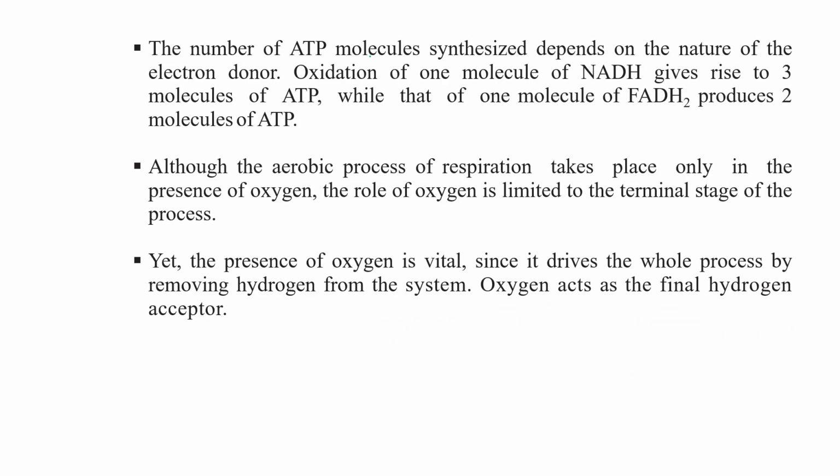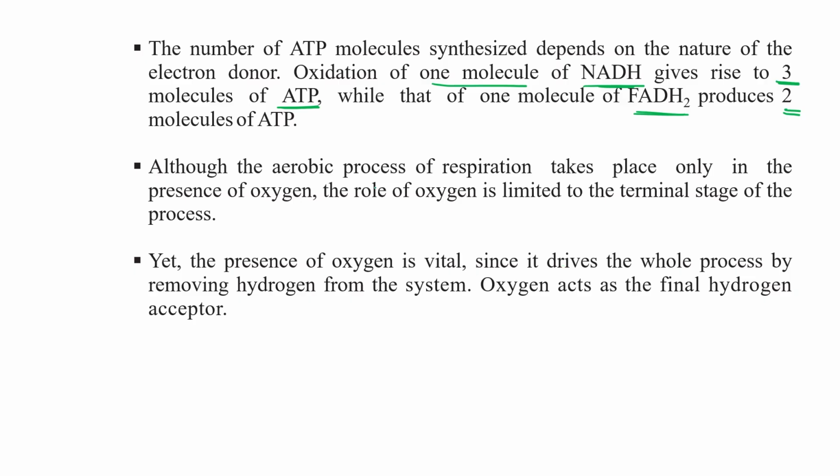The number of ATP molecules synthesized depends upon the nature of the electron donor. Oxidation of one molecule of NADH gives rise to 3 molecules of ATP. Just now we have discussed this, and one molecule of FADH2 produces 2 molecules of ATP. Right?